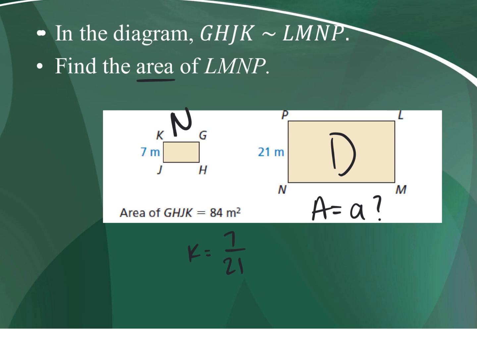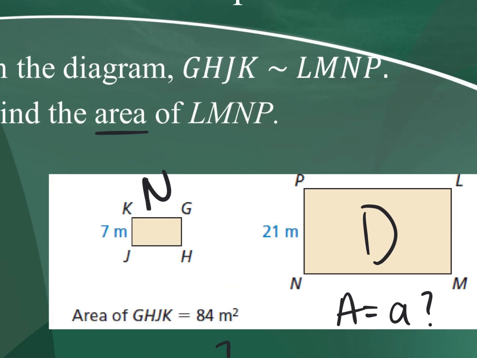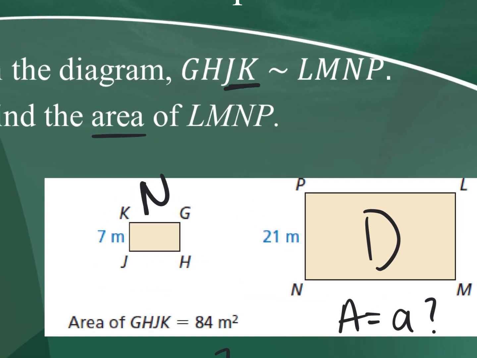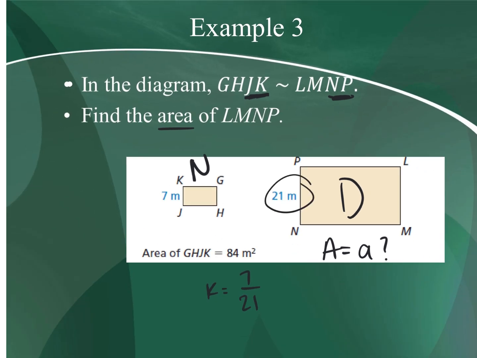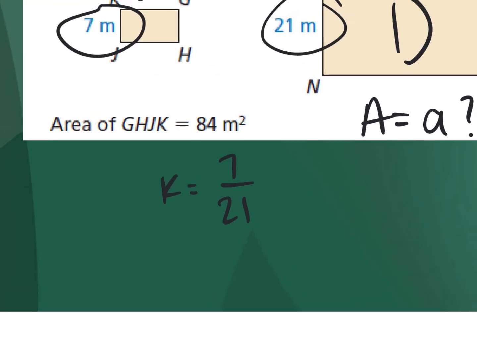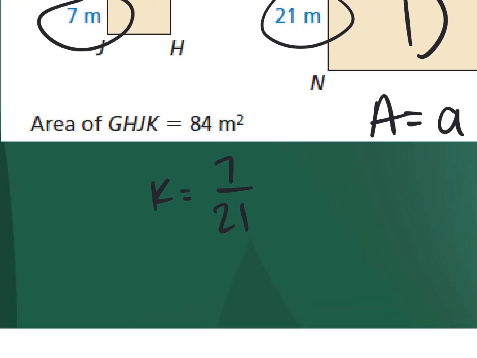So do you guys agree that KJ, based on the order of these letters, should correspond to NP, based on my similarity statement? So do you guys agree that these two sides should be proportional? So if I put 7 over 21, that's going to be my scale factor. Always what with your scale factor? Simplify it. What are 7 and 21 both divisible by? 7, right? So it's going to be 1 over 3.